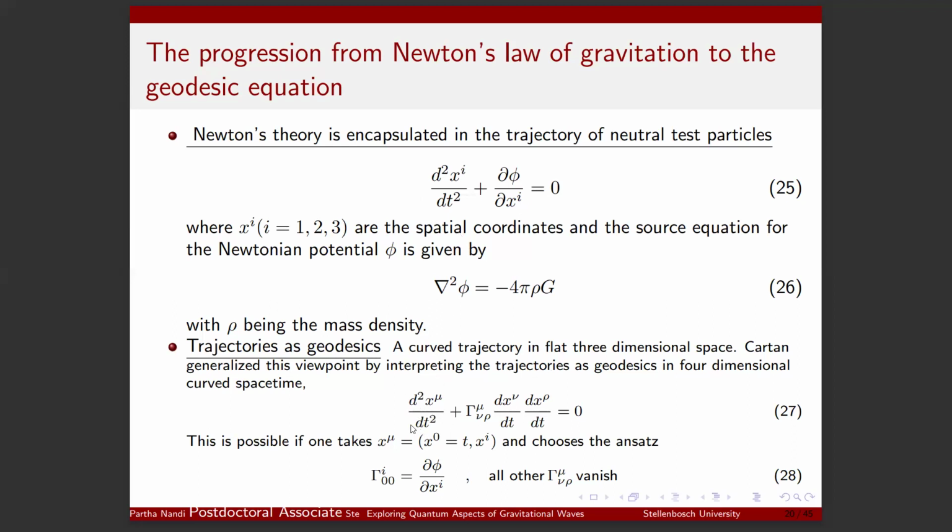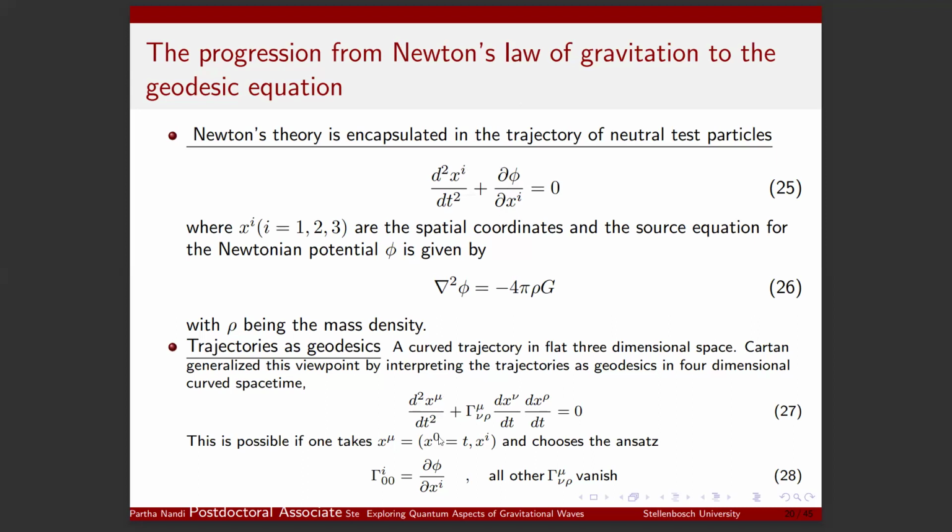So now one can rewrite this equation in terms of this structure. One can introduce this four-component object, where the zeroth component is time and the other part is the space components. And one can immediately rewrite the above equation, this Newton's law of motion, in terms of the geodesic equation of motion. One can read off the non-trivial component of the Christoffel connection from this derivative of the potential.